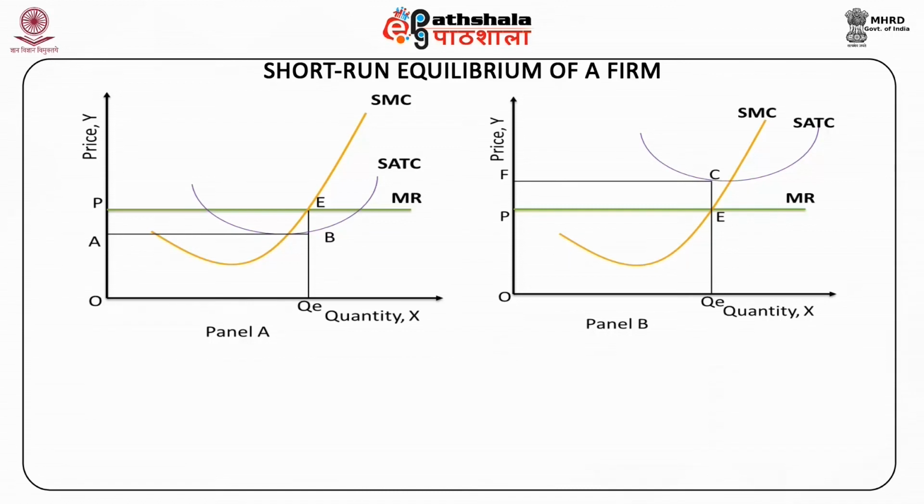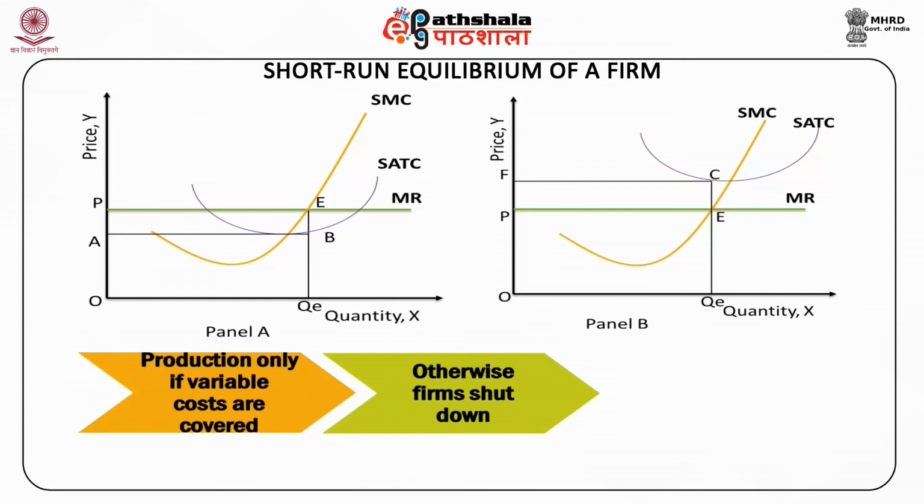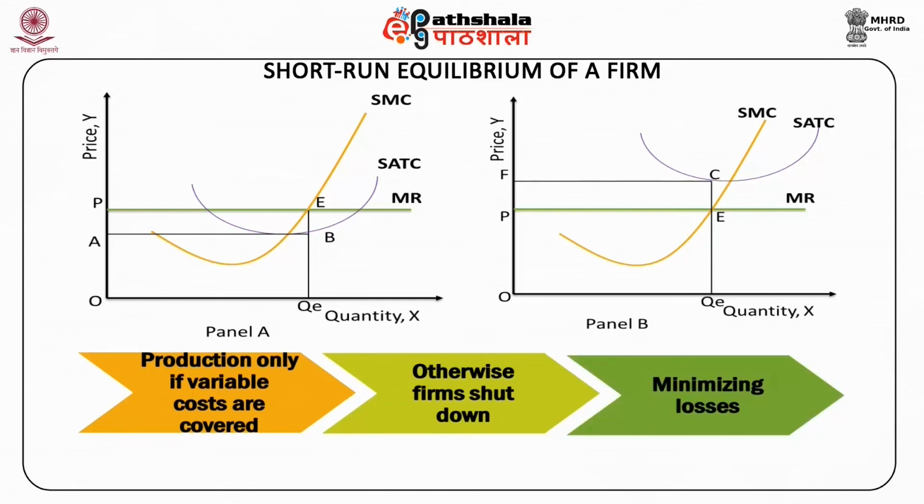In case of losses, the firm will continue to produce only if it covers its average variable cost. Otherwise, the firm will decide to shut down because by discontinuing its operation, the firm can minimize its losses. Hence, the closing point of the firm is the point at which it covers its variable costs.